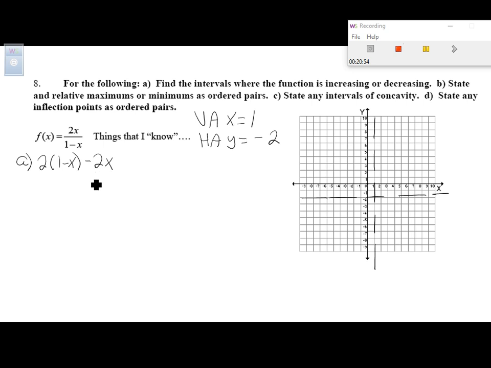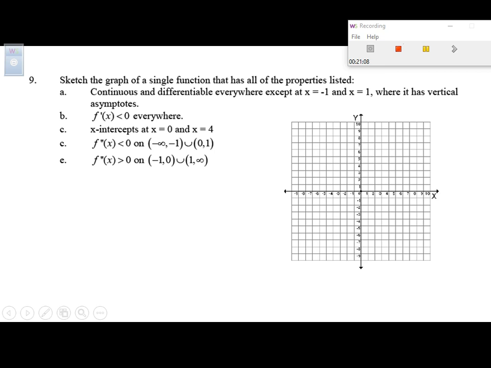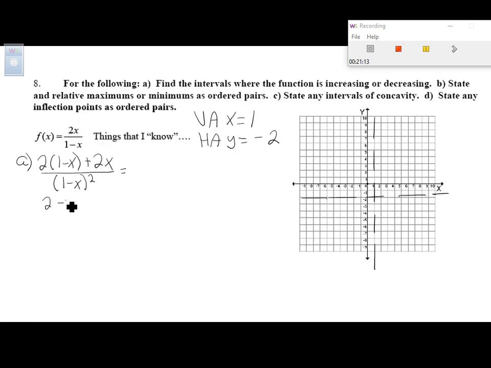So I'm going to change this negative to a positive, all over the bottom squared. If I simplify this, I've got 2 minus 2x plus 2x. So it looks like my first derivative is 2 over 1 minus x quantity squared.